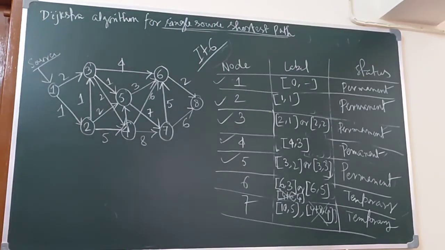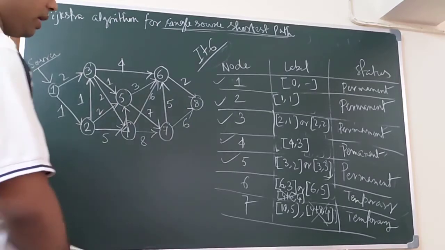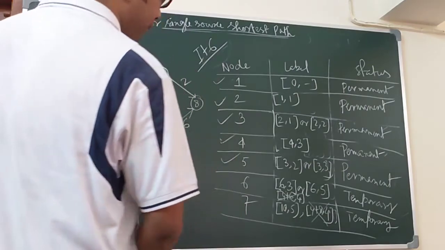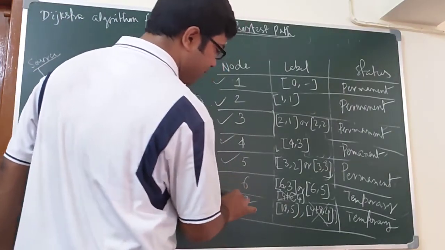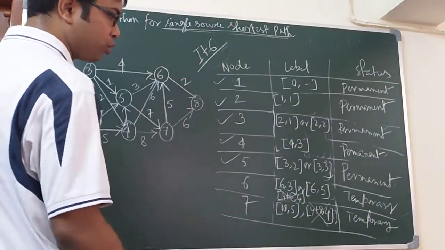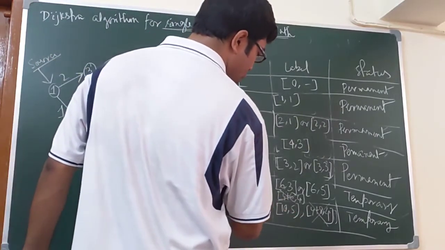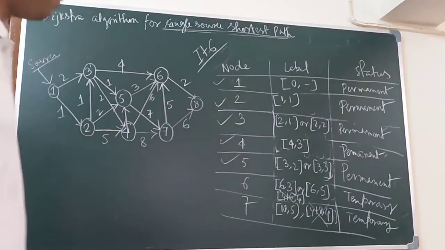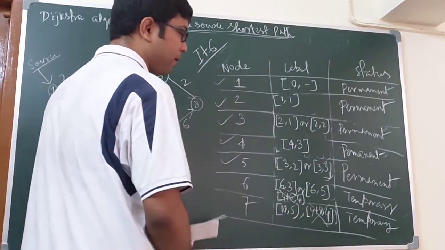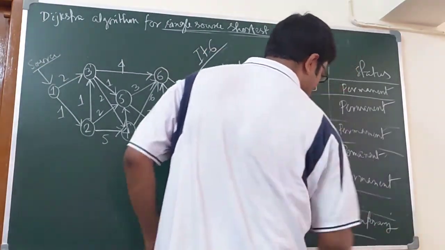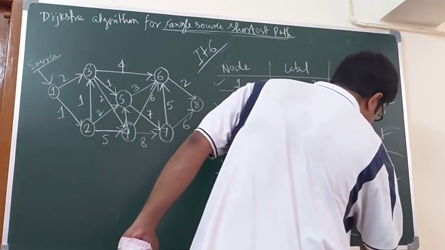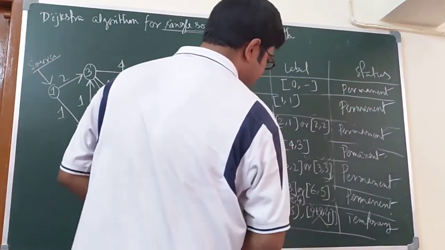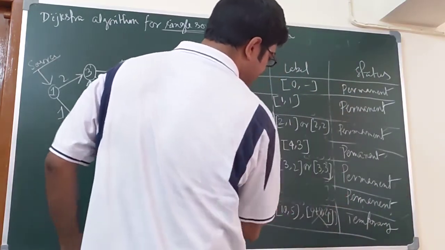So after the sixth iteration, there are 2 temporary nodes, 6 and 7. Among these two nodes, node 6 has the lowest level value. That's why we make this 6th node permanent.